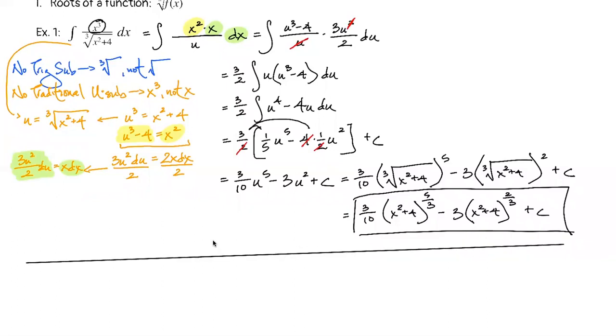So let's try a different u for this scenario. Let me go ahead and write the problem down again. We've got the integral of x cubed over the cube root of x squared plus 4 dx. Last time we made u the entire denominator. But this time, I just want to say u is x squared plus 4 and see where that gets us.